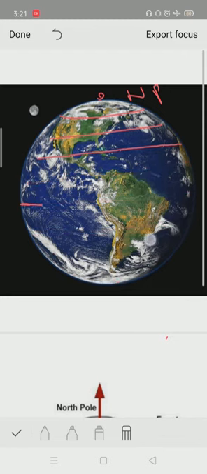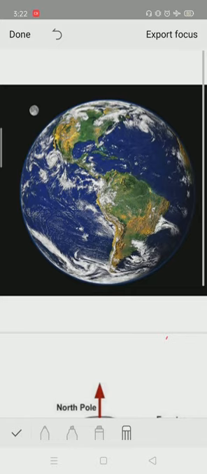Now we are done with latitudes here. The main point is, why are we calling these lines imaginary? We are referring to latitudes and also meridians, which we will study later. They are again referred to as imaginary lines. The only reason we call them imaginary is because there are no such lines in reality, right? Do you see any lines on the earth at present?